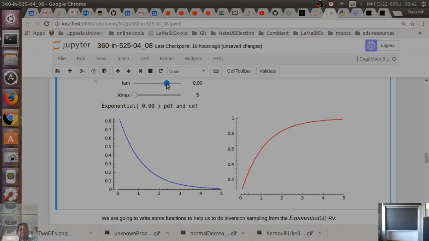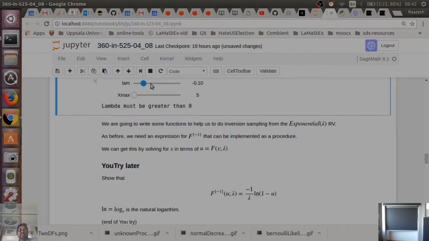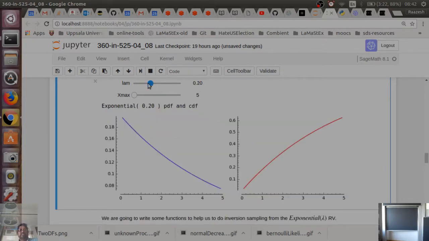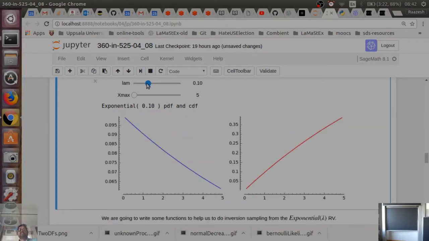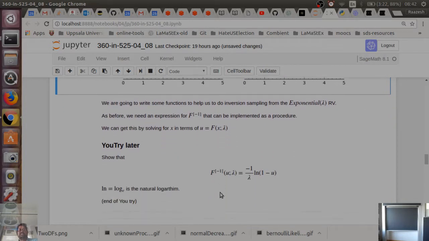So that's how the rate parameter works. If I make it smaller, then you see it spreads itself out. This continues to positive infinity. So that's the general behavior of the PDF and CDF.